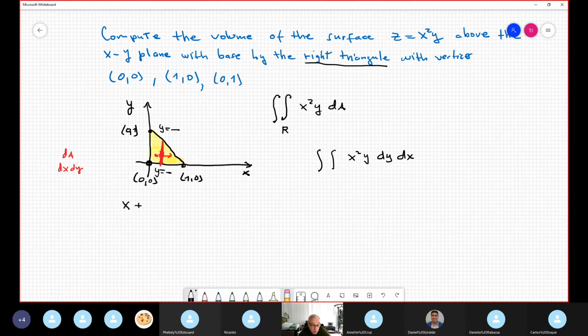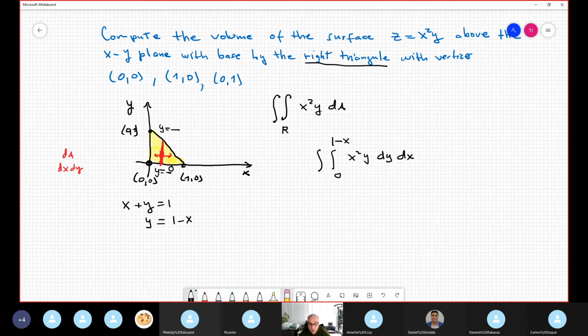It's x plus y equals 1. So the limit is from 0, y equals 0 is the x-axis, to y equals 1 minus x. Here's the line at which the integration stops. So it's 1 minus x.